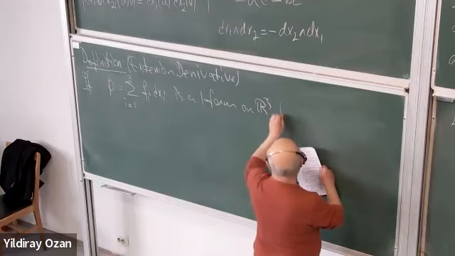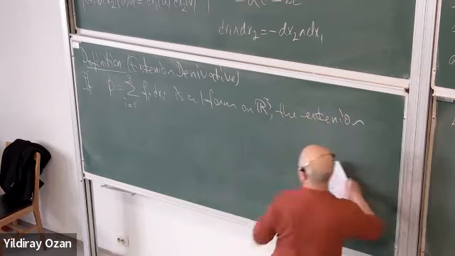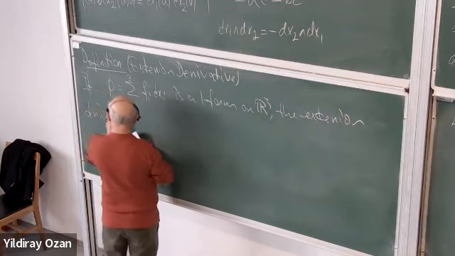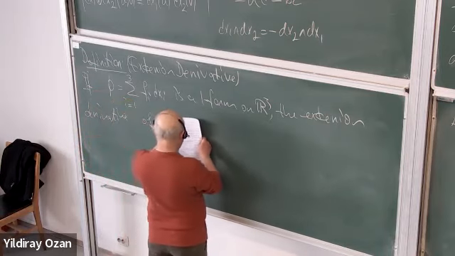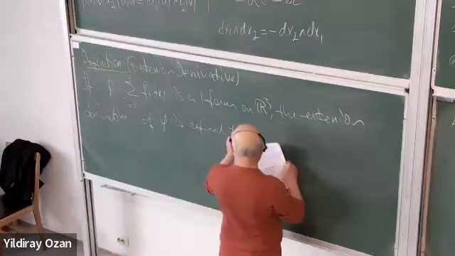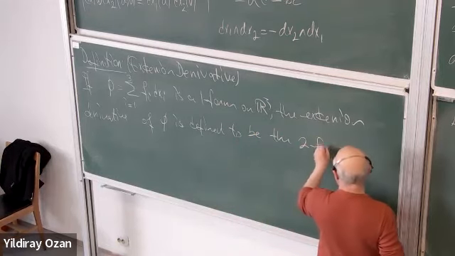The exterior derivative of phi is defined to be the two form.